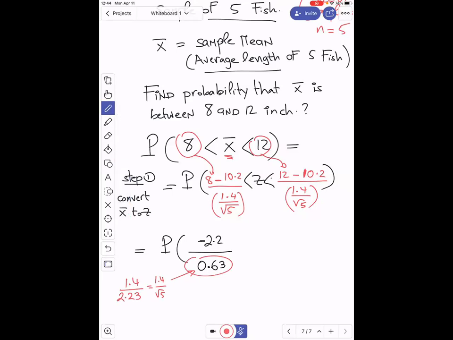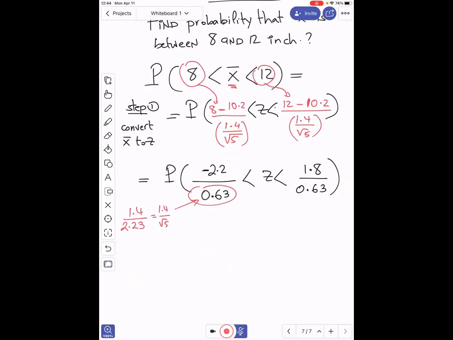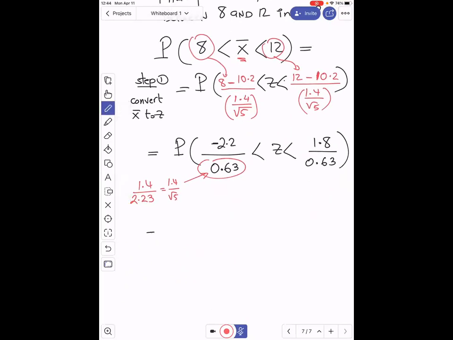Then there's z for 12 minus 10.2. So that's 1.8 in the top, and in the denominator, that's 1.4 over the square root of 5, which is again 0.63. And now I can divide.